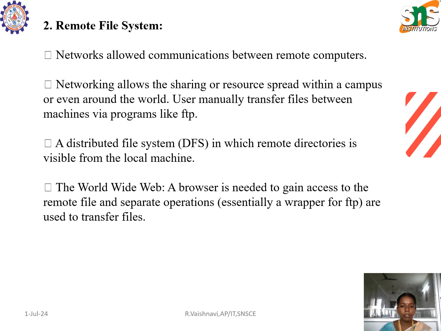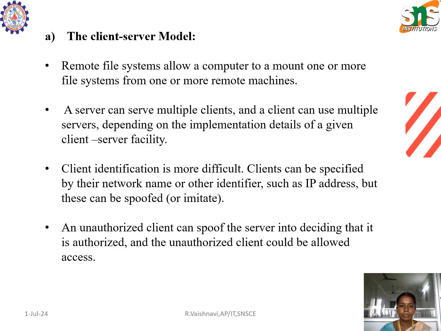The distributed file system, that is DFS, in which the remote directory is visible from the local machine. Next one, the World Wide Web, in which a browser is needed to gain access to the remote files, and a separate operation, essentially a wrapper for FTP, is used to transfer the files.